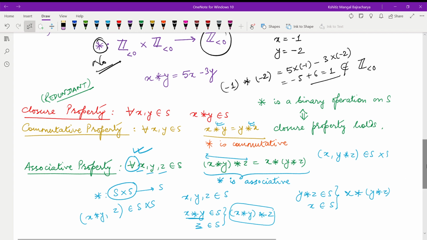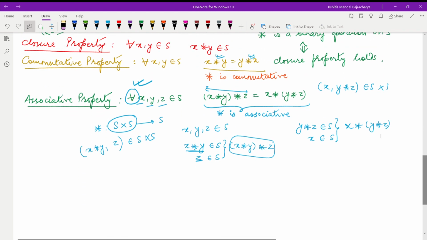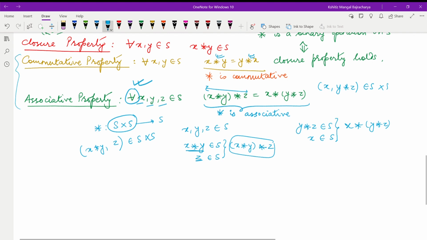These are the three basic properties. There are several other properties as well, but these are the main ones. In fact, just two, since the closure property always holds if it's a binary operation. Now let's consider this binary operation once again.